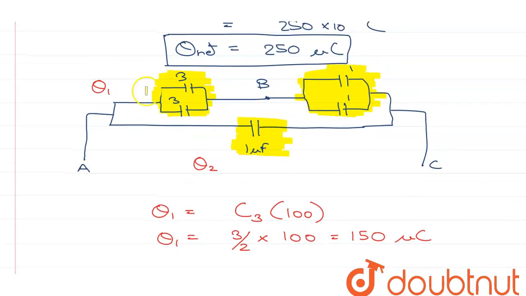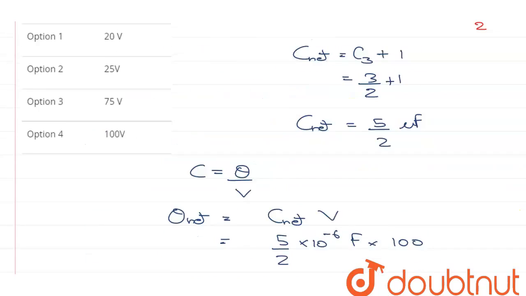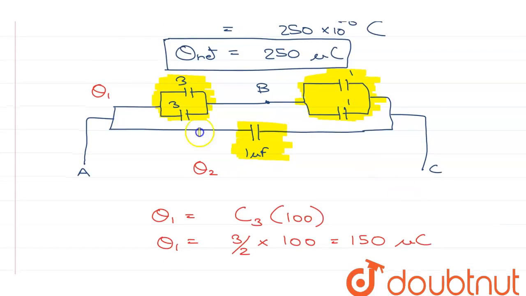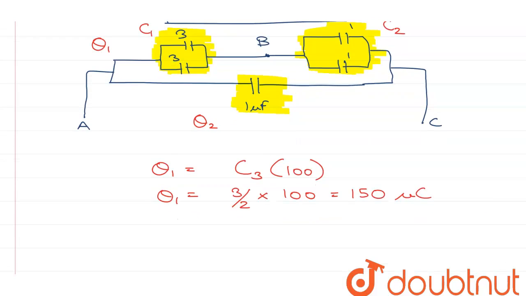That means the charge in this setup, which has a capacitance of C1 equal to 6 microfarad, and this is C2. So the charge in C1 will be equal to Q1, because C1 and C2 both are in series and Q1 is the charge that is flowing through this branch.